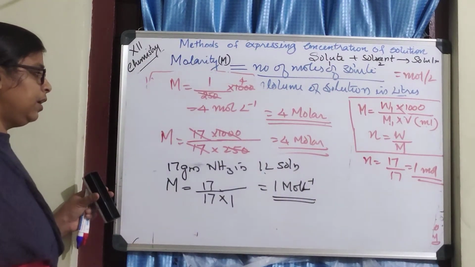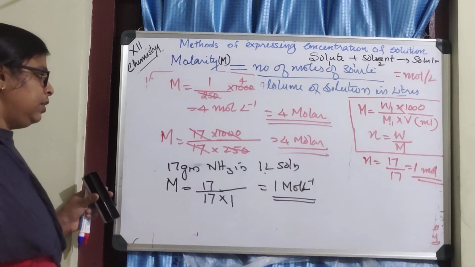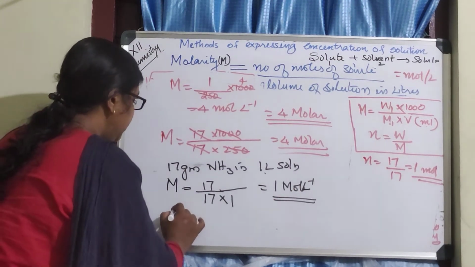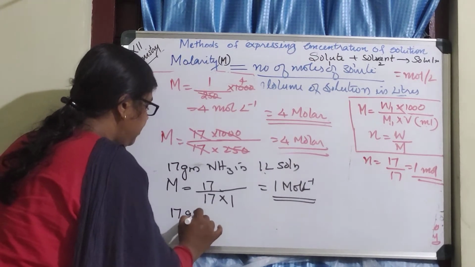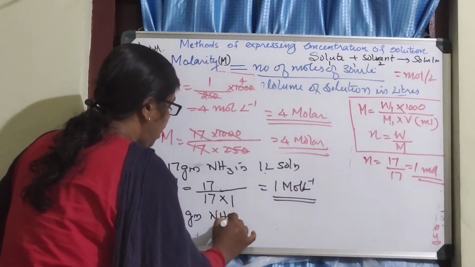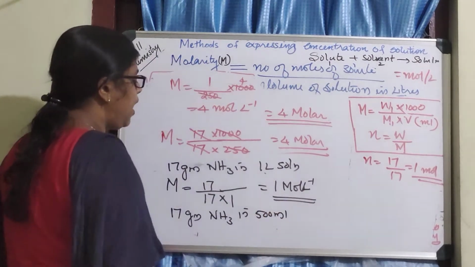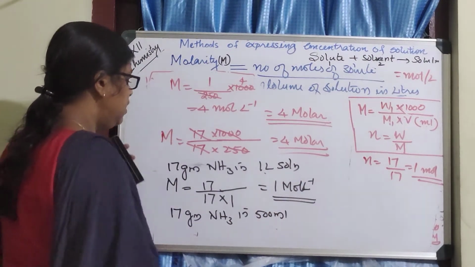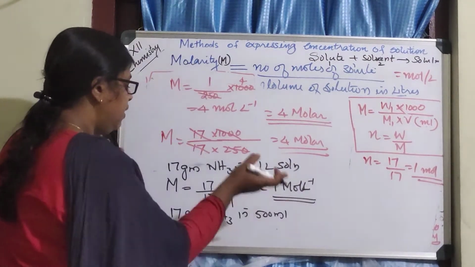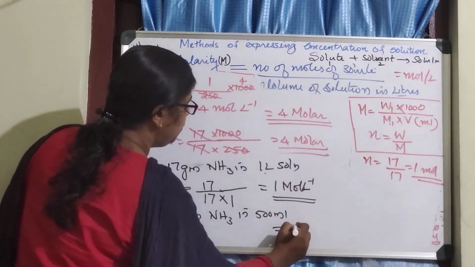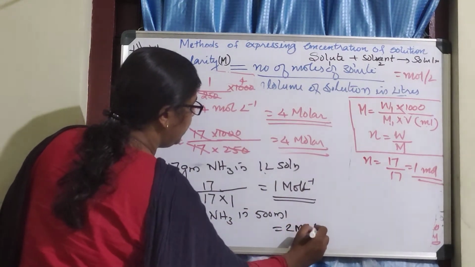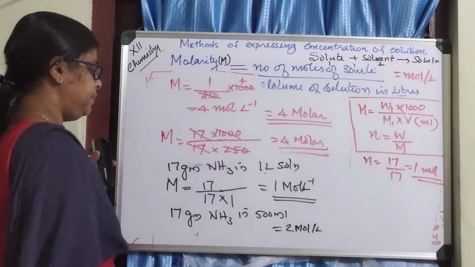Okay? If there is a solution in which 17 gram ammonia in 500 ml, what is the molarity? Molarity becomes, we will get it as 2 molar or 2 mole per liter will be the concentration. ശരിയല്ലേ?